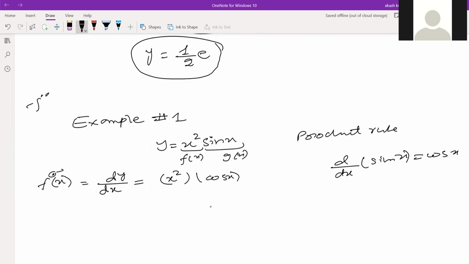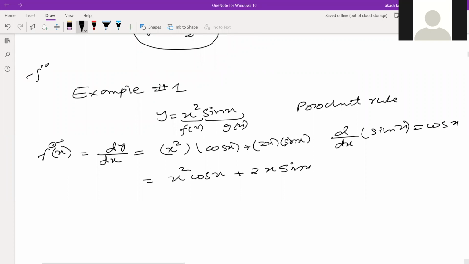So x square cos x, and then there's a plus sign in the formula, plus 2x sine x. So it will be x square cos x plus 2x sine x.